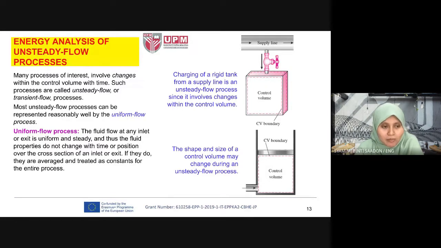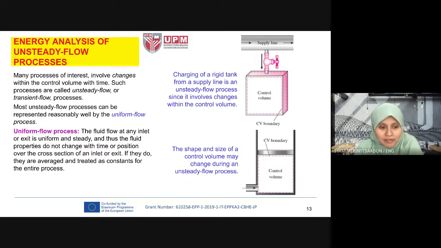However, most unsteady flow processes can be represented reasonably well by the uniform flow process. What is the uniform flow process? It means we can consider this unsteady flow as flowing uniformly. The fluid flow at any inlet or exit is uniform and steady, and thus the fluid properties do not change with time or position over the cross section of an inlet or exit.